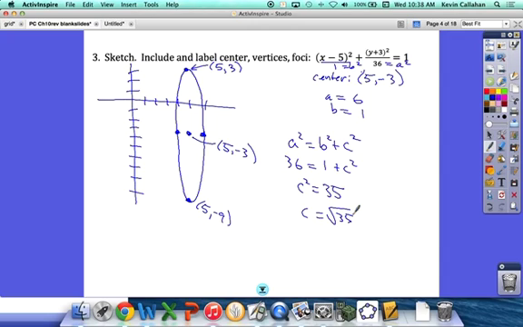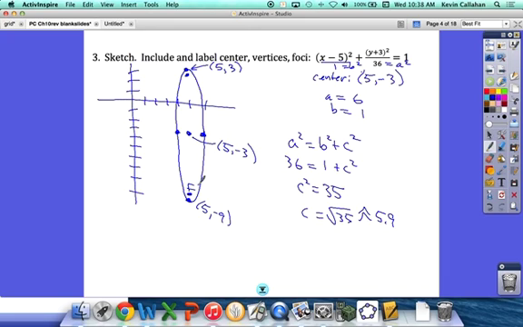And if you turn that into a decimal, it's got to be 5.9, right? It's just a little bit less than 36. So we went up 6 and down 6 for the vertices. So we're going to go just a little bit inside, like right there and right there.